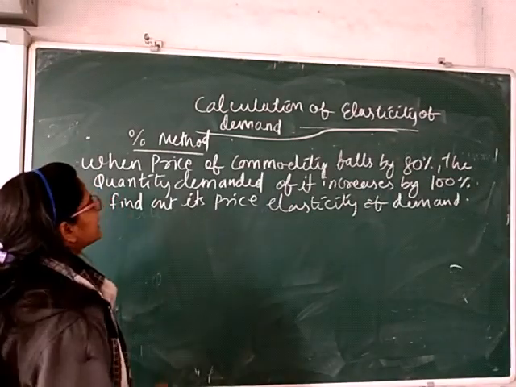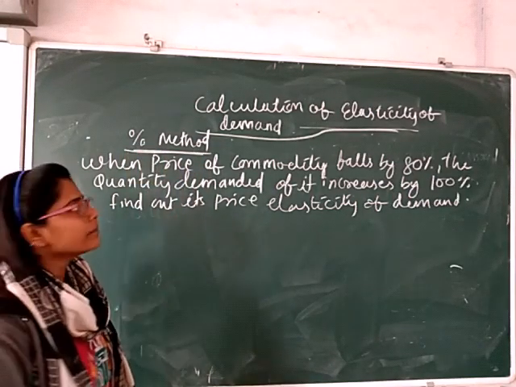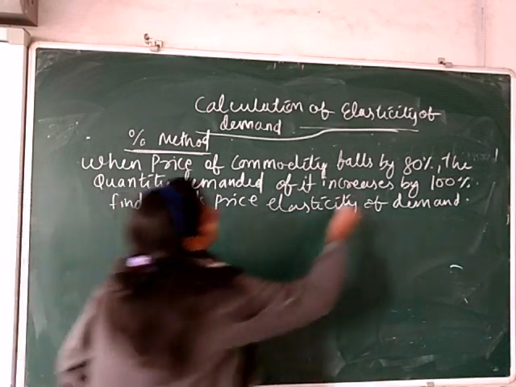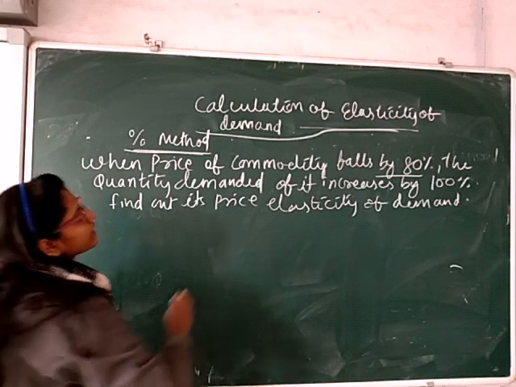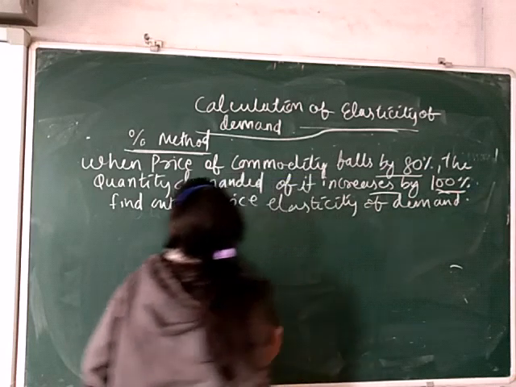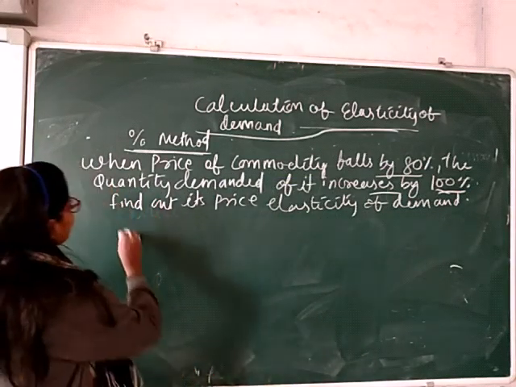Next question is related to the percentage method. Here we calculate price elasticity of demand. The question is, when the price of a commodity falls by 80%, the quantity demanded of the commodity increases by 100%. So find out its price elasticity of demand. First write the data.